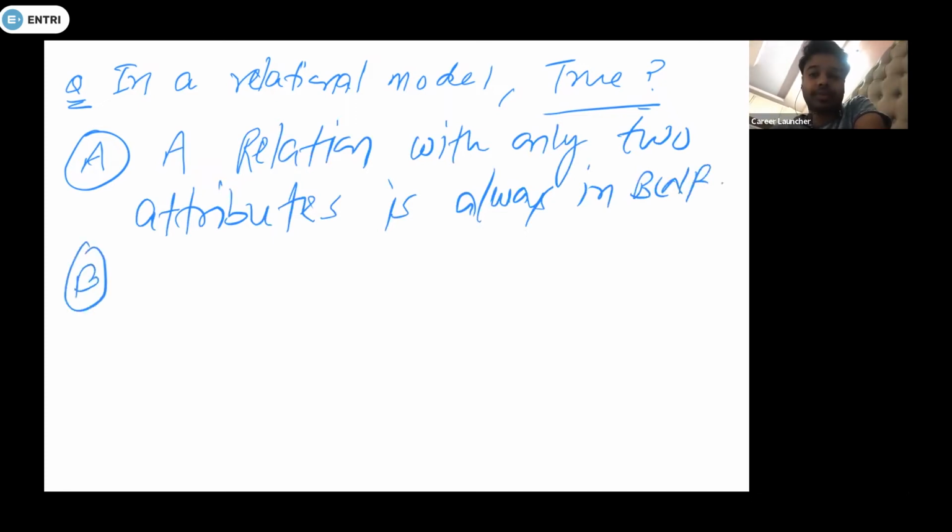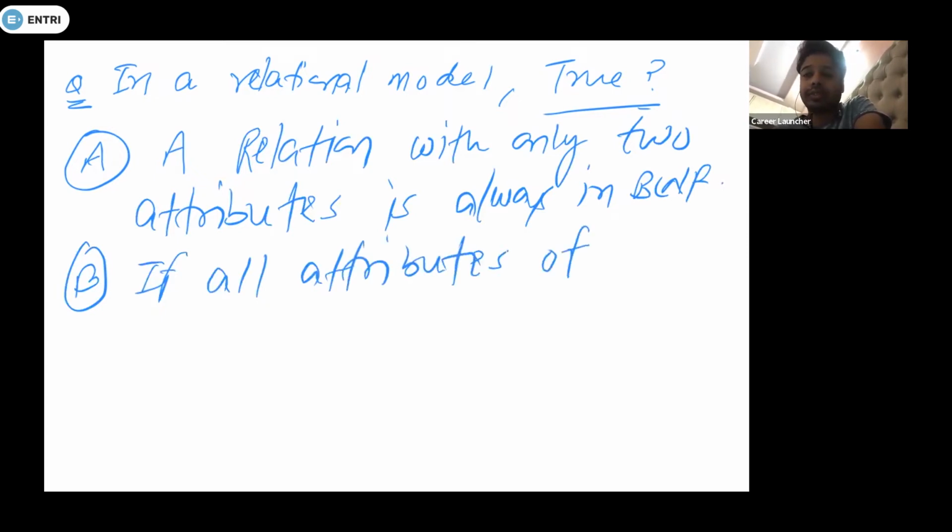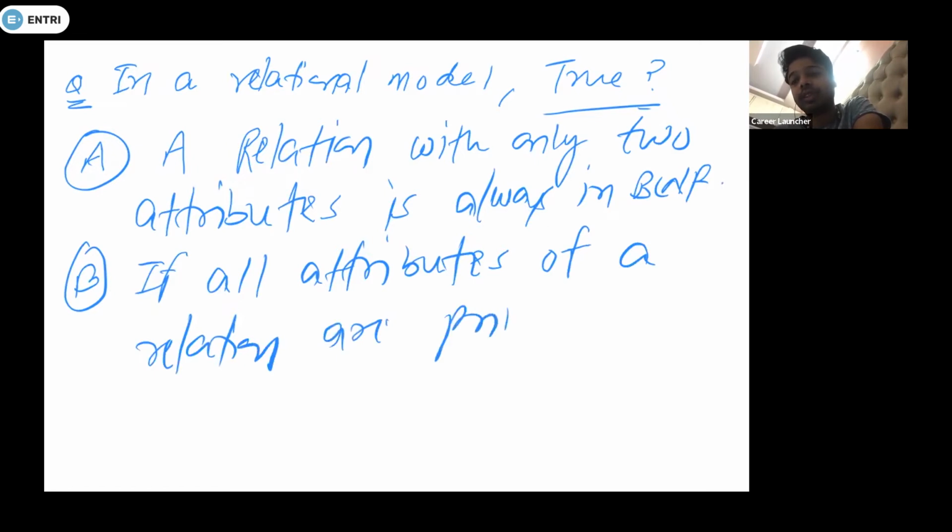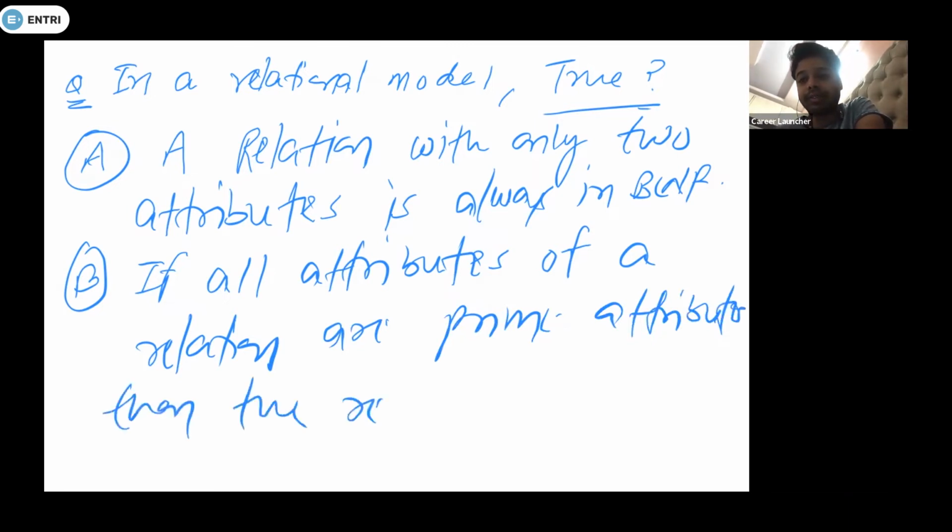B, if all attributes of a relation are prime attributes, then the relation is in BCNF.